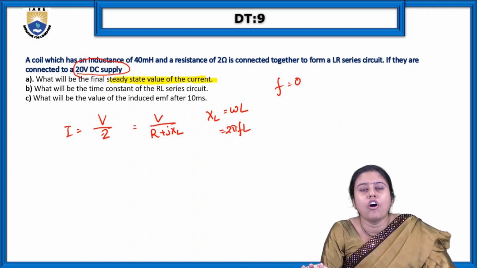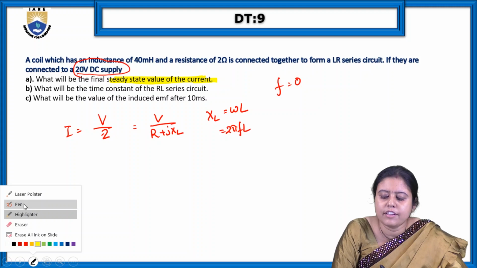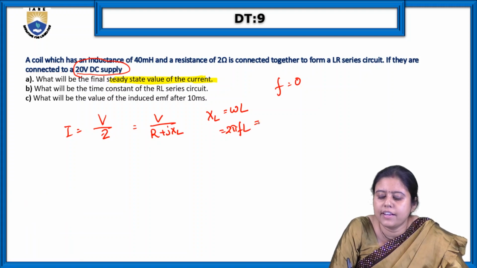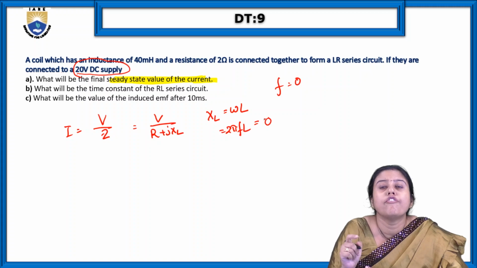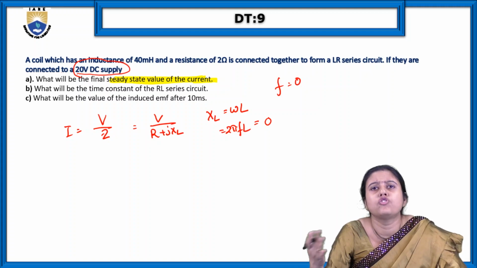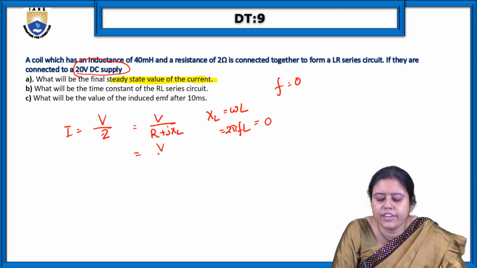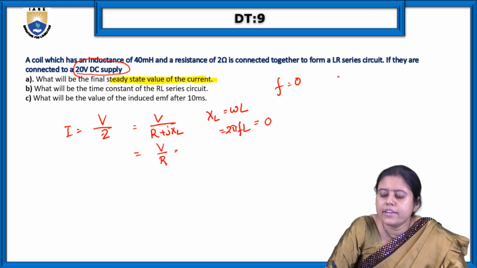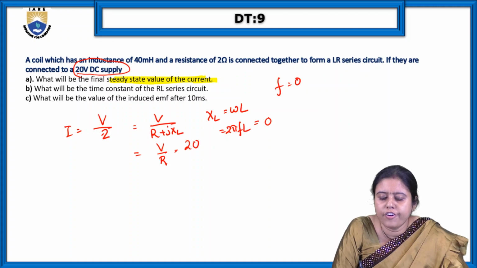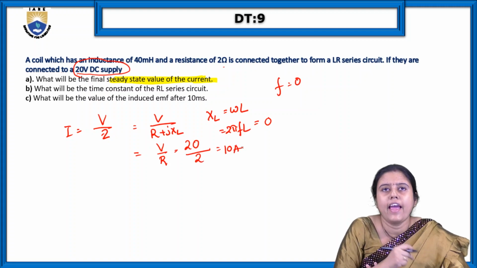But after a long time, as the input is DC, frequency is equal to 0, which means XL is equal to 0 for the steady state condition, or time tends to infinity. So the steady state value is V by R. V is 20 volt, R is 2, so the current is 10 amps.